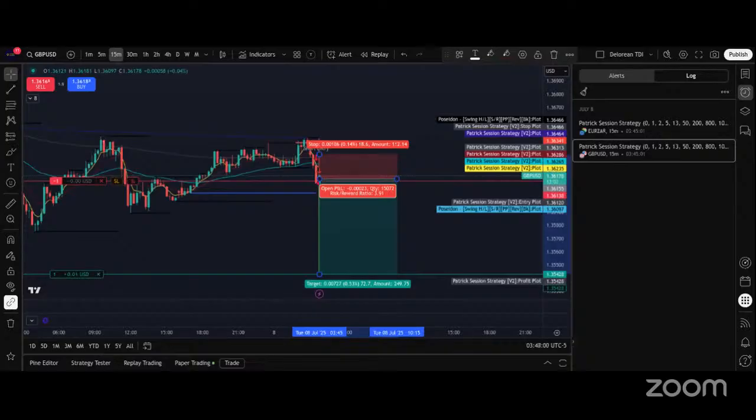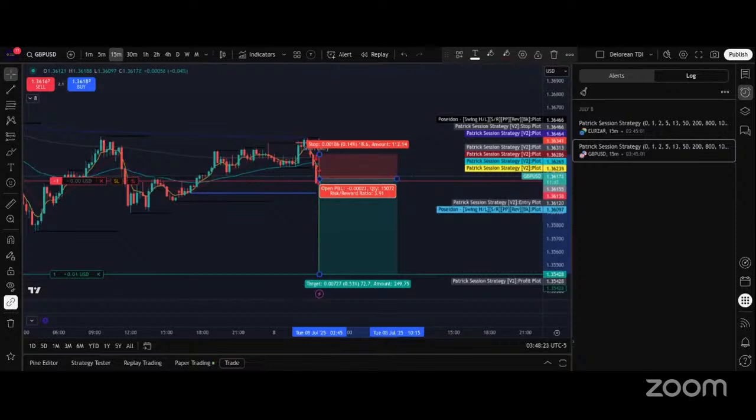Again, this is GBP USD market execution sell. 15-minute confirmation. Entry price is 1.36155. Stop loss is 1.36341 for 19 pips.